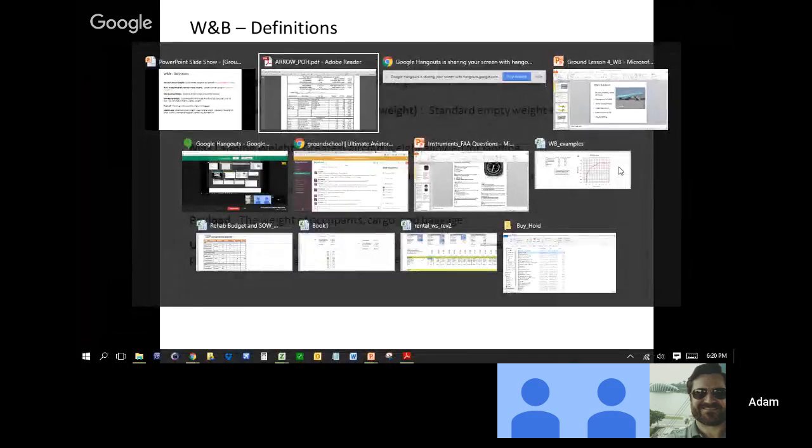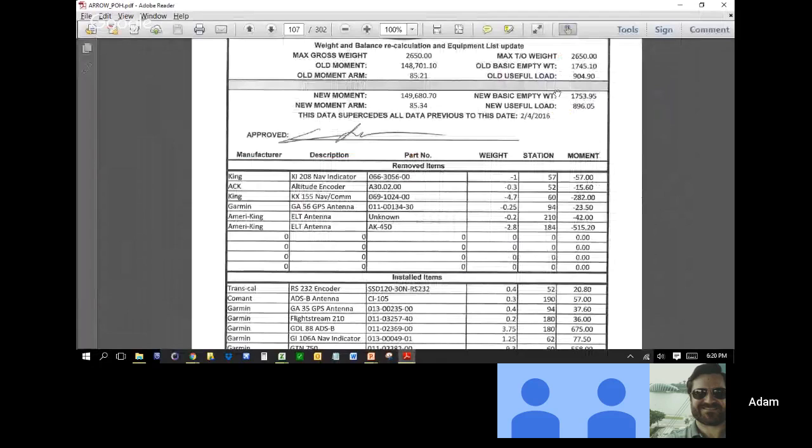So if we go back to the operating handbook here, you can see that the person who weighed this aircraft did this calculation for us, knowing that the maximum gross weight of this aircraft is, it's actually up here, 2650. Knowing what the maximum gross weight is and the basic empty weight, you can calculate the useful load.